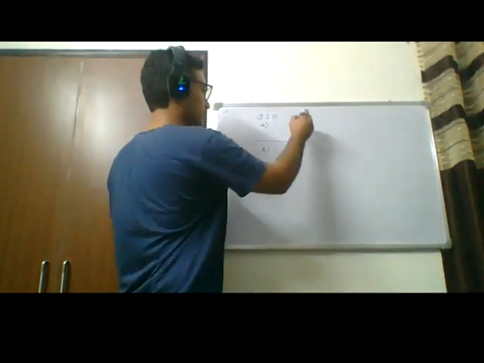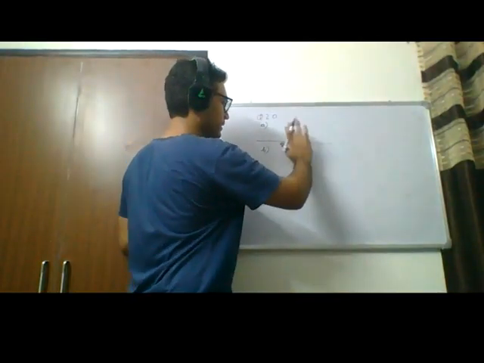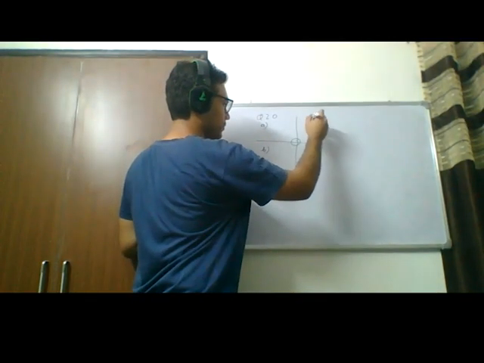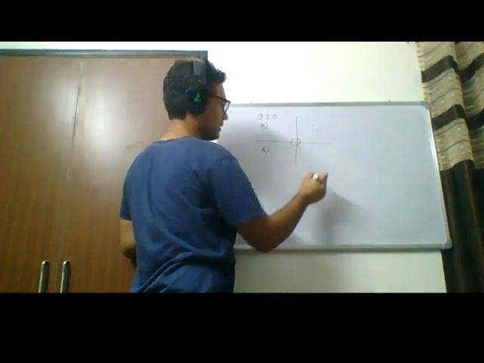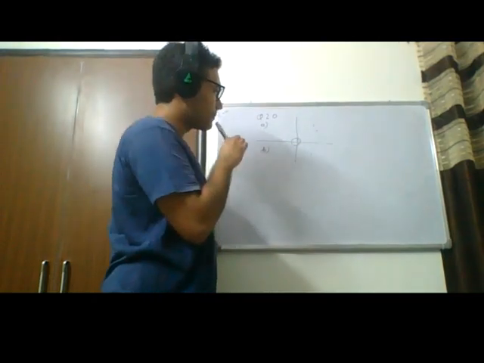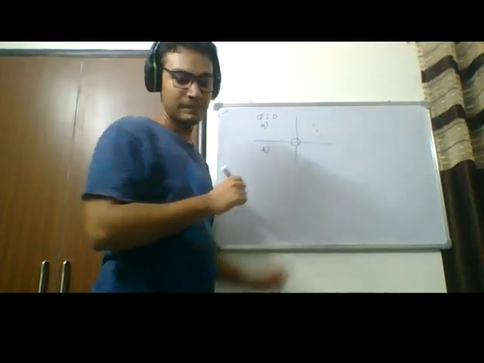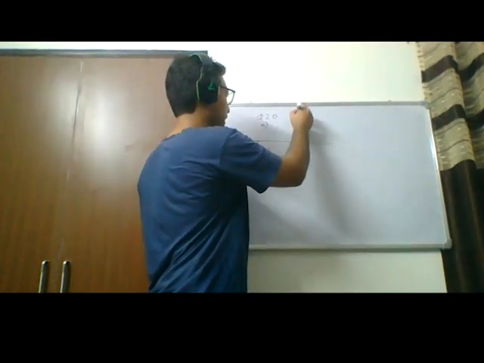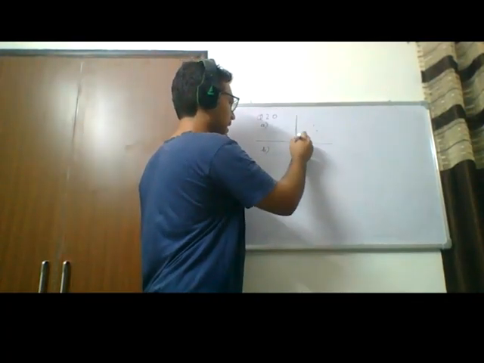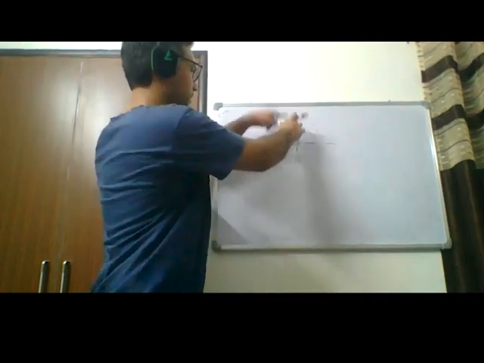For B, x is greater than 0, y is not equal to 0. So let's say this is the origin. x is greater than 0, y is not equal to 0, and not including the line. So the boundary would be, let's see, this and this, essentially this T line.